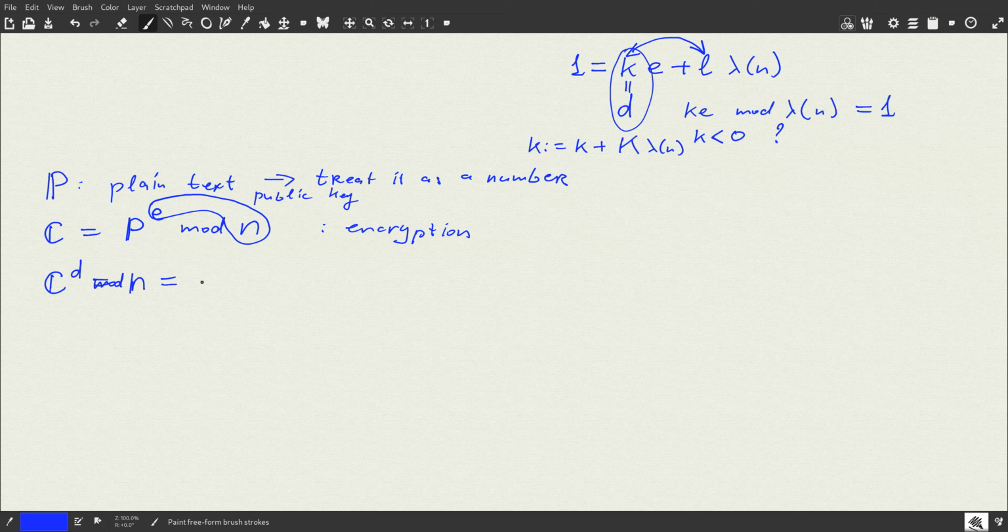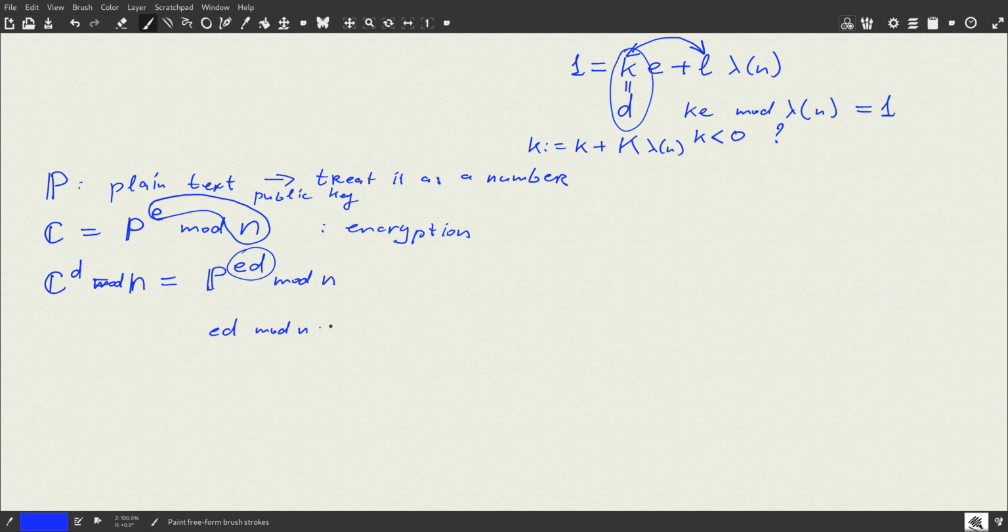We know that C is P to the power E, so it is P to the power ED modulo n.